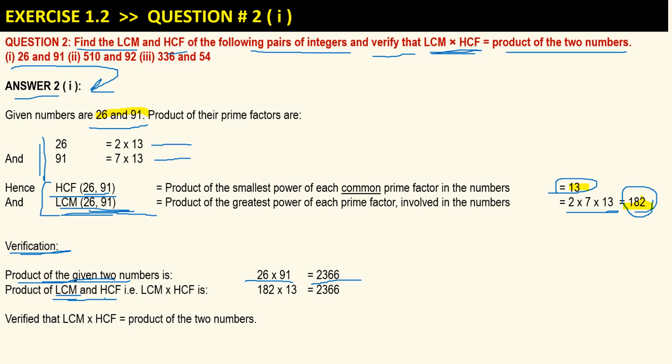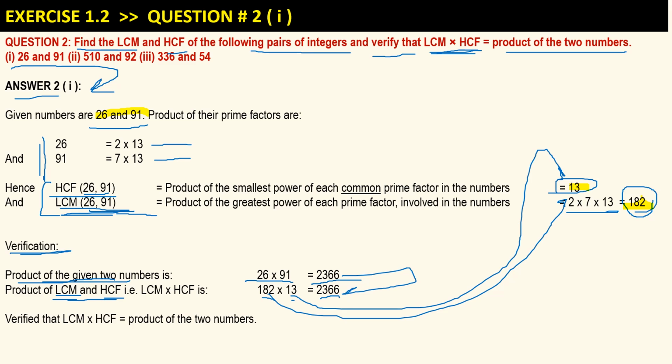And now let's find the HCF multiplied by the LCM. We will get 182 multiplied by 13. So you see, this 13 is the HCF and this 182 is the LCM. So their product will be 2366. So both these things are equal.